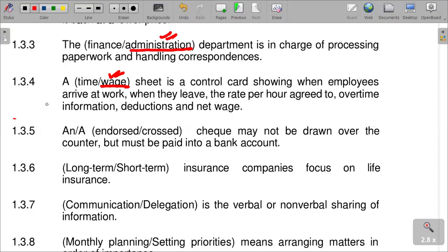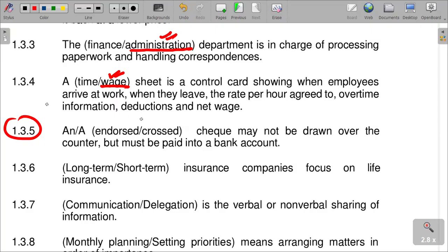Number five, a dash check may not be drawn over the counter but must be paid into a bank account. What is that type of check? A crossed check.